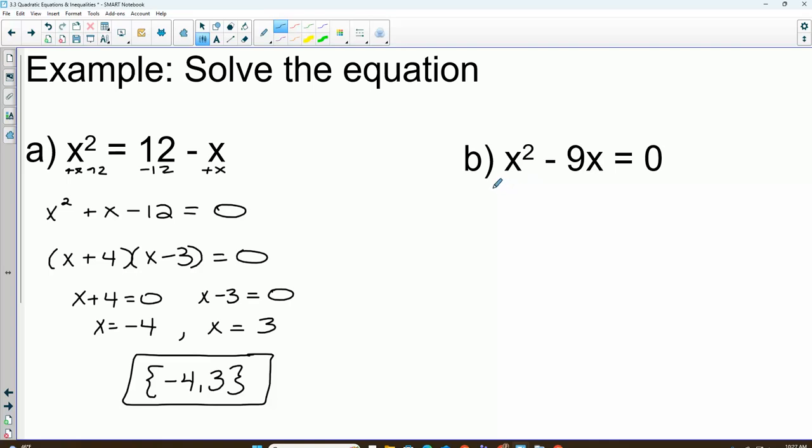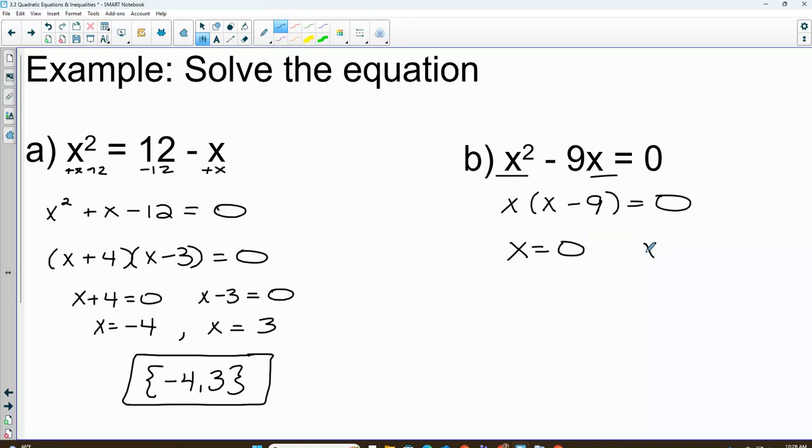What do we do for b? We don't want to divide because we lose a solution, but let's factor it out. We only have two terms, they both have an x, so if we take out that x. So again, we have two things multiplied equals 0.